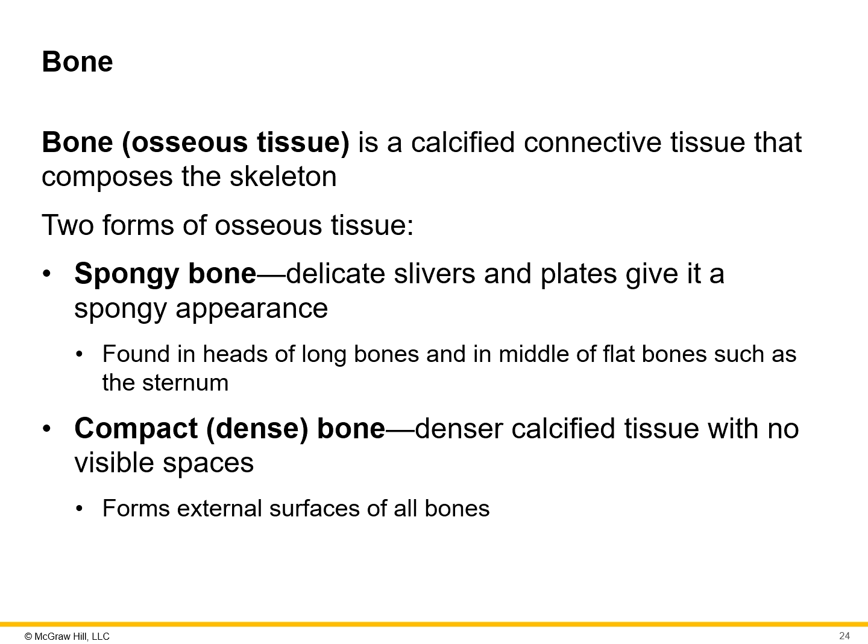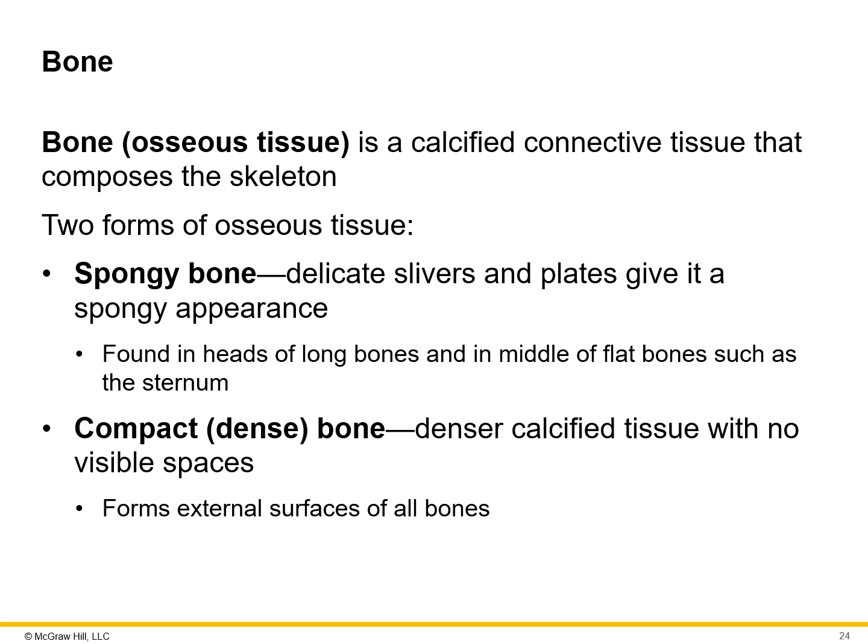There is spongy bone, which is a more delicate branching, like beams or bridges, kind of like slivers, and it gives off a spongy appearance, which is why it gets its name.